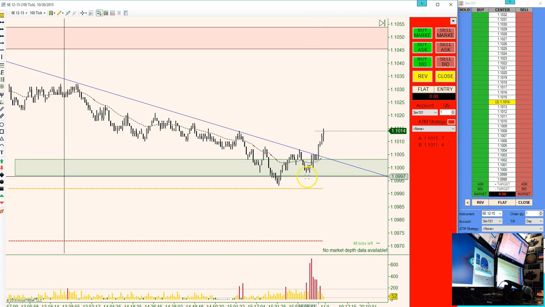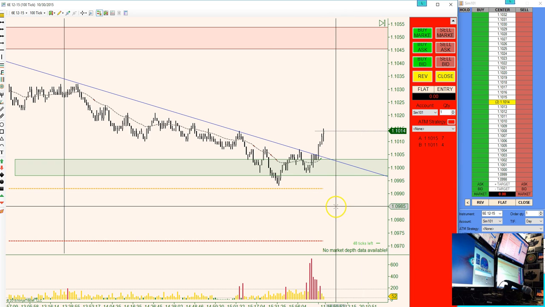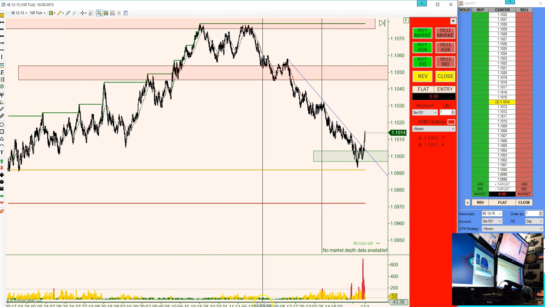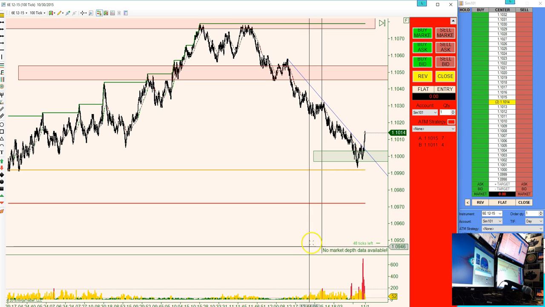This was probably short covering at the end of the day, so we may just see it turn south immediately from the open. Once we do break this area right here, coming down, then we're free to short until we get to that last area where the buyers were that I had marked earlier.